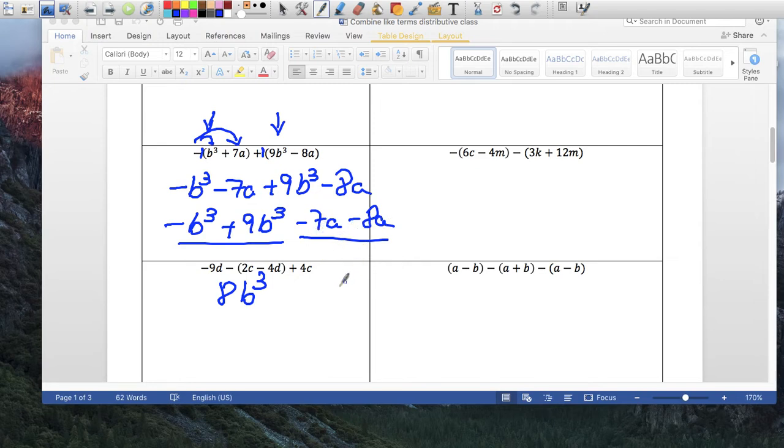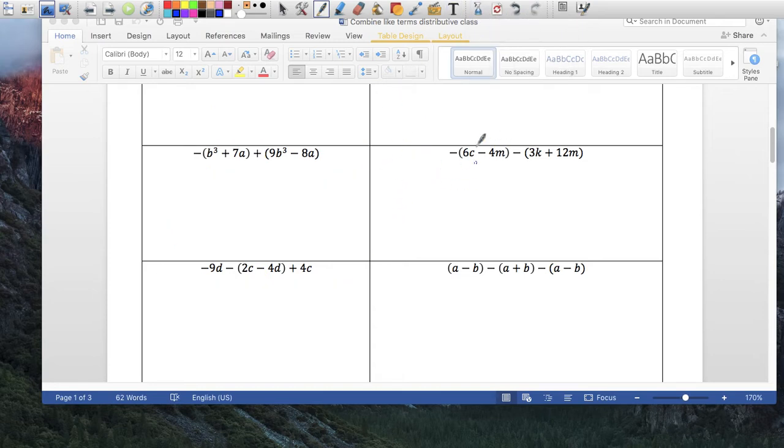Minus 7a minus 8a, the a stays, and just subtract the coefficients. Negative 7 minus 8 is the same thing as negative 7 plus negative 8. No zero pairs. You're just going to get a bunch more negatives, so it's minus 15a.